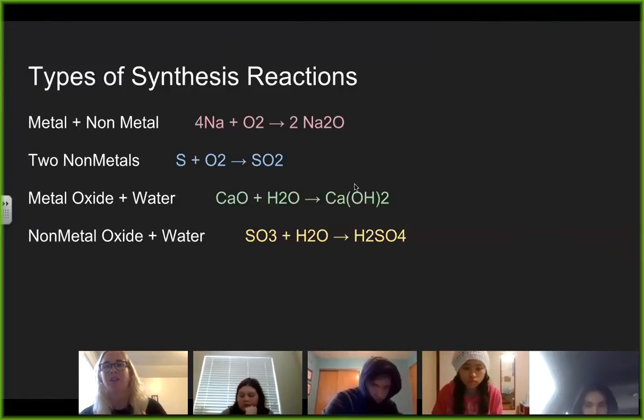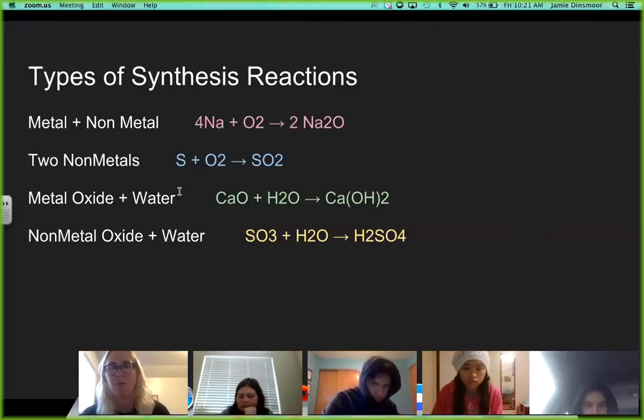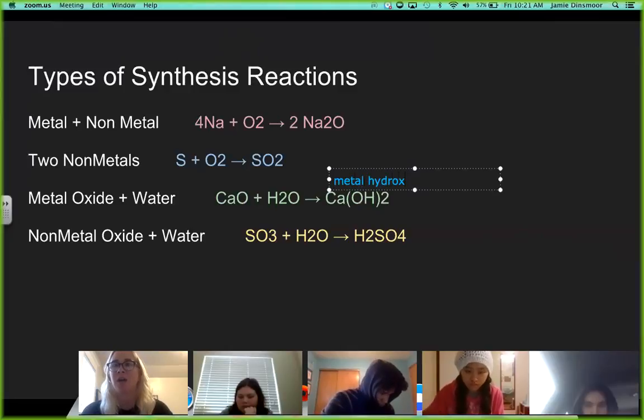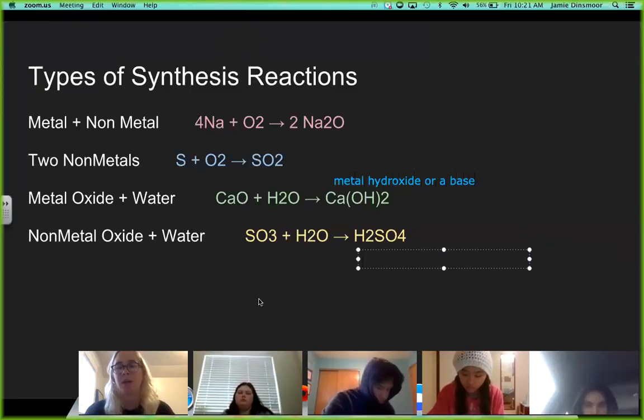So, and actually this is a base, which is interesting. So when we do metal oxide plus water, we get a metal hydroxide or a base. When we add our non-metal oxide with water, we end up getting an acid, or an H in front.